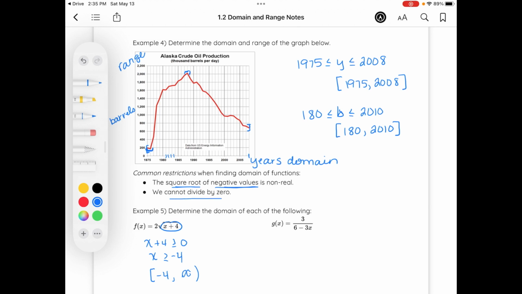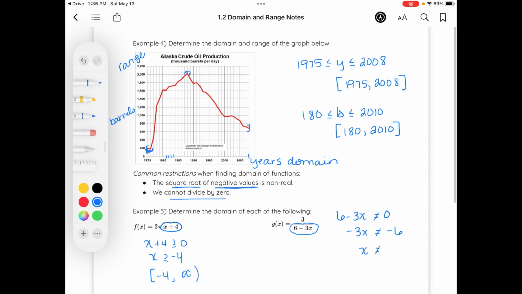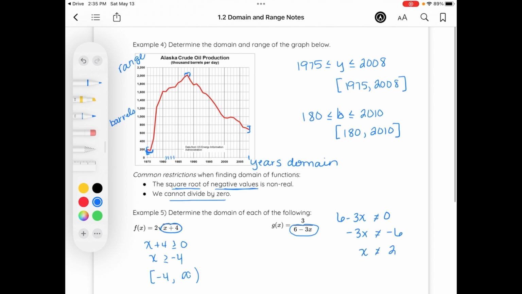Now, we also know that we cannot divide by 0. So in this instance, when I have a rational function, I want to make sure that 6 minus 3x is not equal to 0. So to do that, I'll subtract 6 from both sides. Therefore, -3x cannot equal 6. X cannot equal +2. It can be anything but +2.